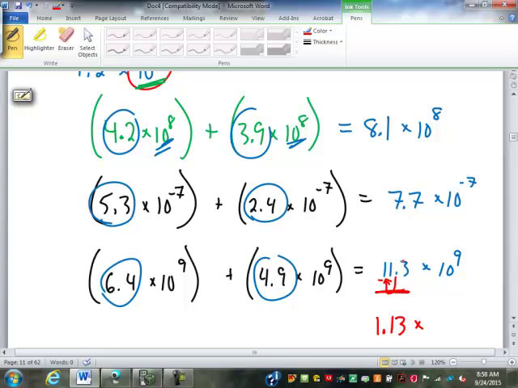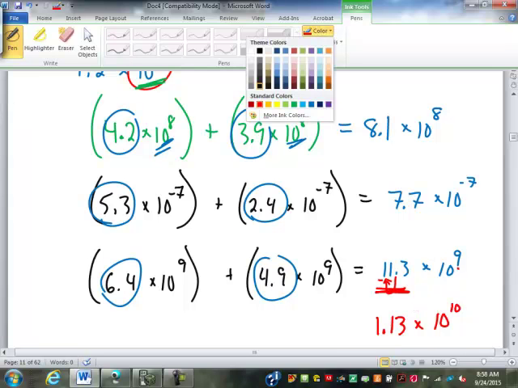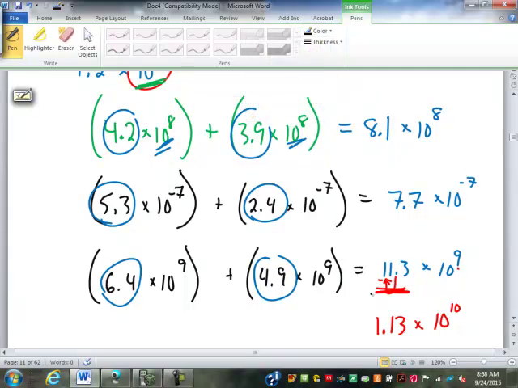So if we made that number smaller, the power of 10 has to get bigger. Number smaller, power bigger. So this is 10 to the 10th. If I move my decimal point here, the power of 10 has to change. If this number is getting smaller, the power gets bigger to move it back later.